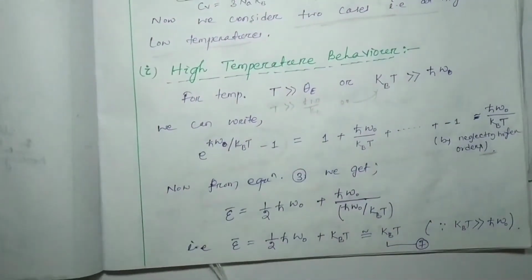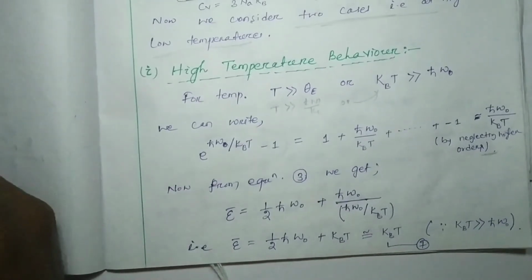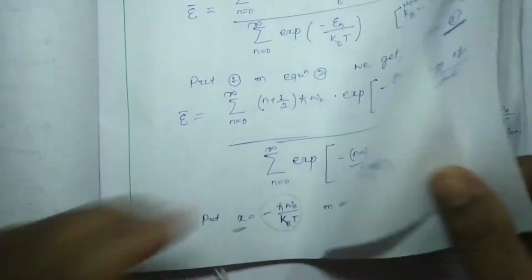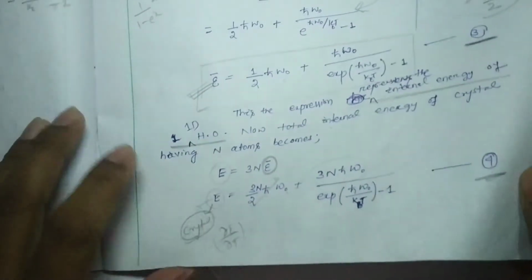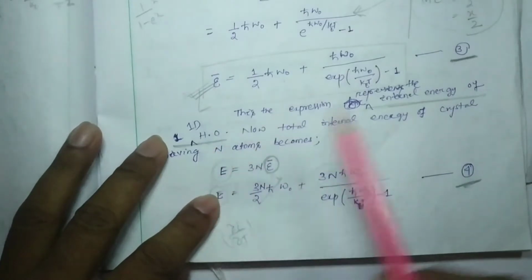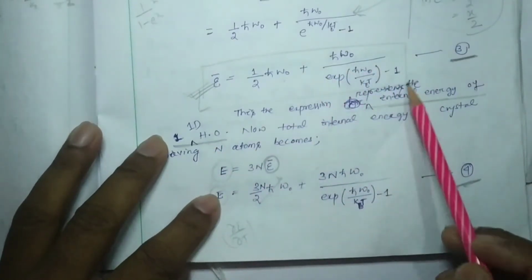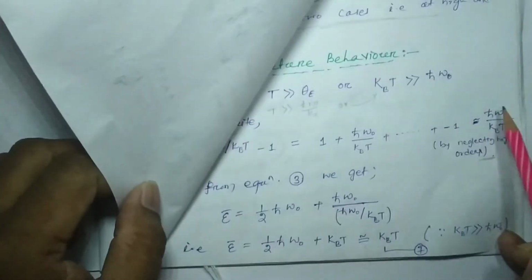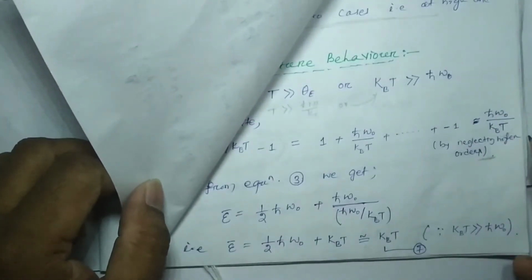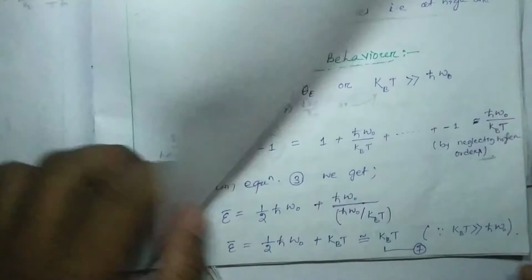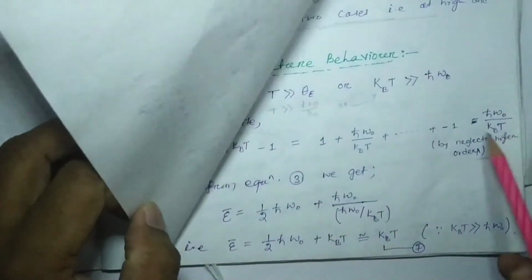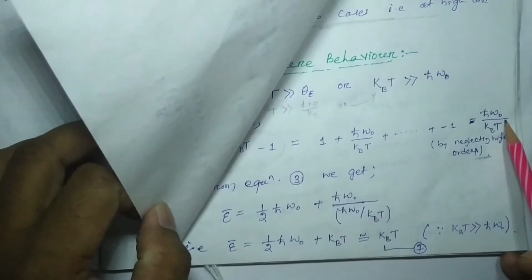Now we consider equation number 3, that is the average or mean energy of a single one-dimensional harmonic oscillator. This term will be equal to h cross omega 0 by kBT at higher temperature, so instead of this term I put this much in equation number 3.